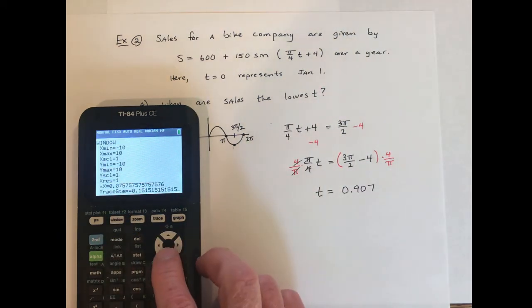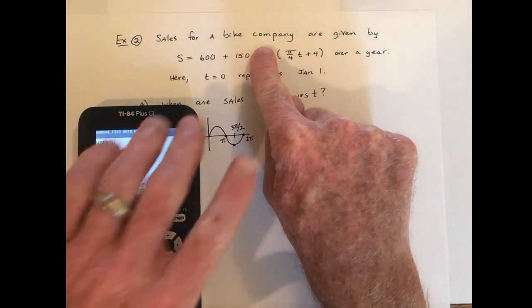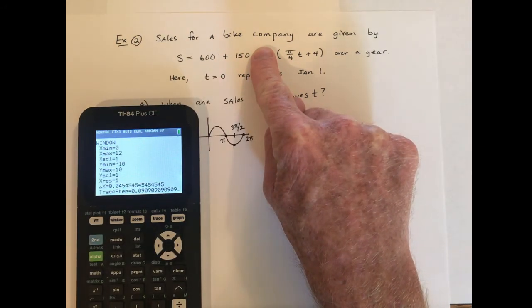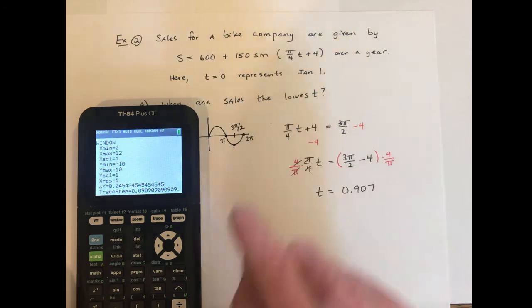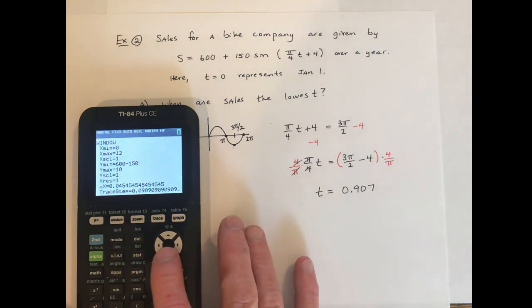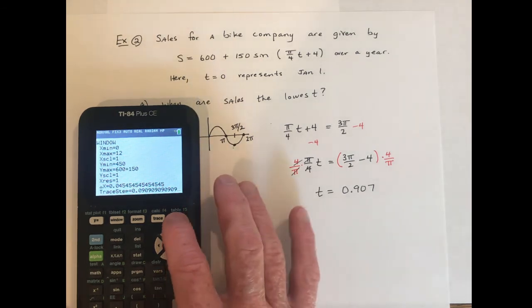So for the window, I would need to go from 0 to 12 months. When you add these two numbers, so if you just ignore the sine part, when you add these two numbers, that's the biggest it's going to get, and when you subtract them, that's the smallest. So 600 minus 150 is the minimum, and 600 plus 150 will be the maximum.